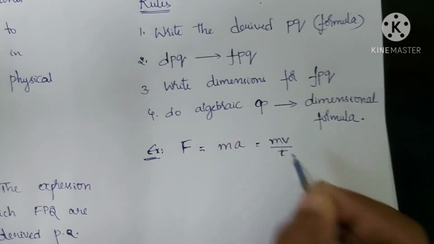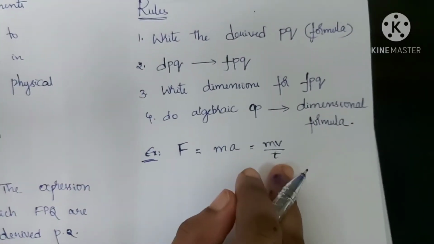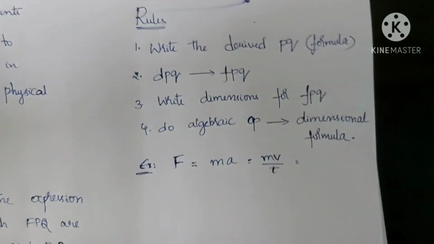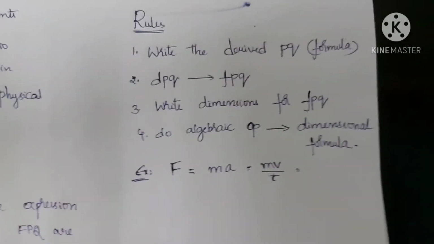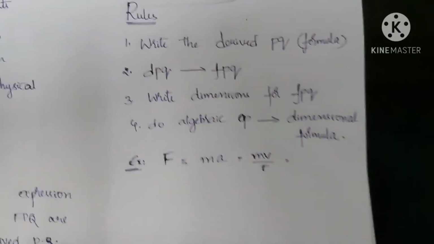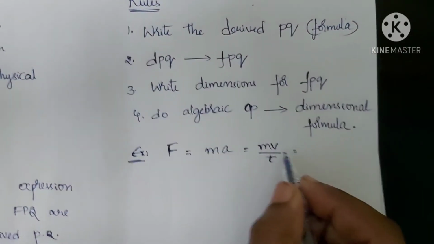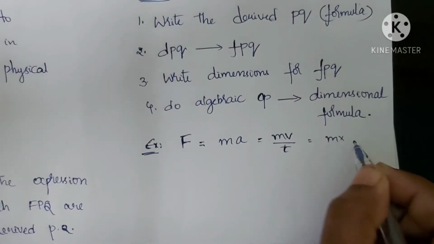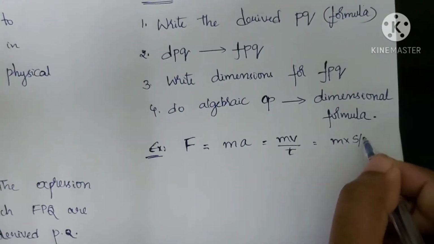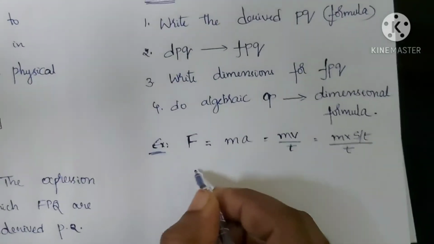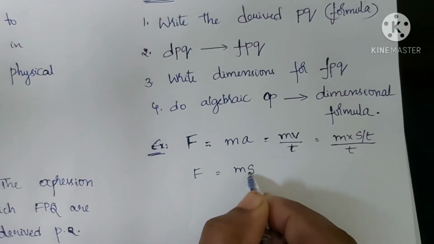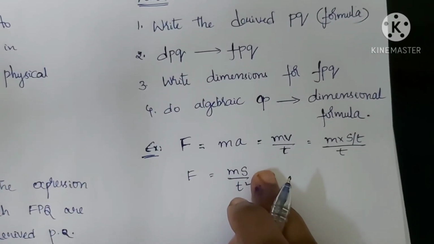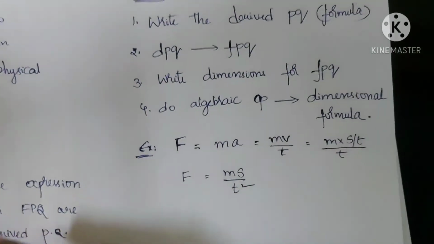Acceleration is change in velocity upon time, so I'm writing it as v by t. But velocity is again a derived physical quantity, so I'm writing velocity as s by t. So force becomes m s upon t square, where m is mass, s stands for displacement, and t is time.